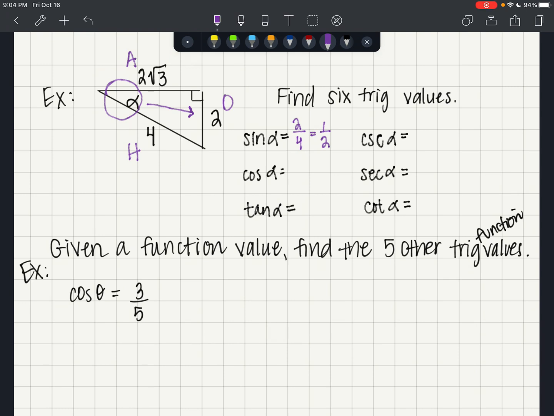The cosine of alpha is going to be the adjacent side over the hypotenuse. So that's 2 times the square root of 3 over 4, which reduces to the square root of 3 over 2. And the tangent of alpha is opposite over adjacent. So that's 2 over 2 square root of 3, which is 1 over the square root of 3.